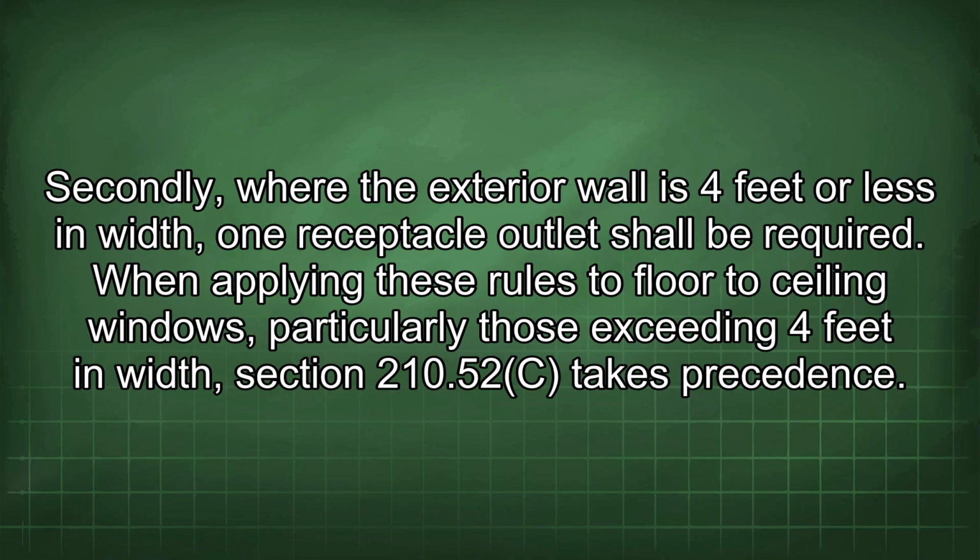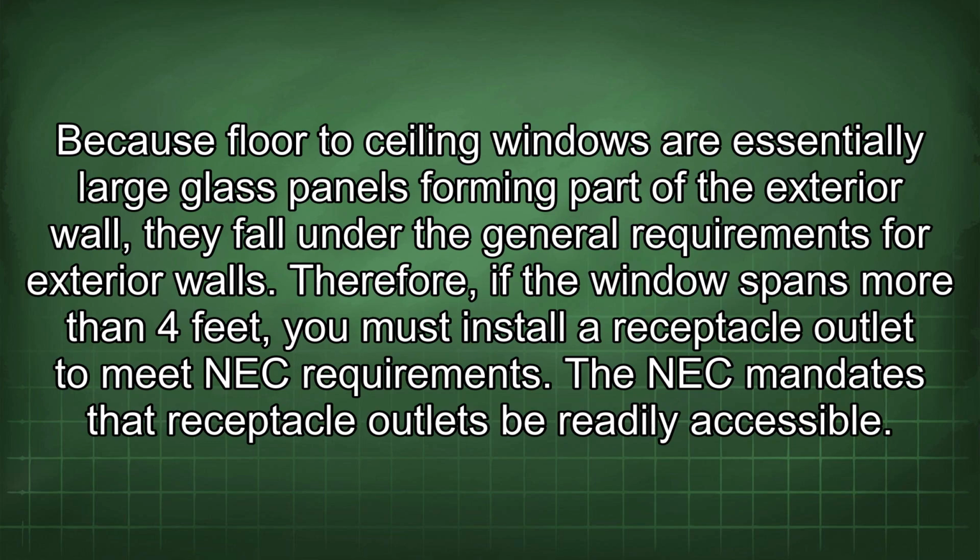When applying these rules to floor-to-ceiling windows, particularly those exceeding 4 feet in width, Section 210.52(C) takes precedence. Because floor-to-ceiling windows are essentially large glass panels forming part of the exterior wall, they fall under the general requirements for exterior walls.